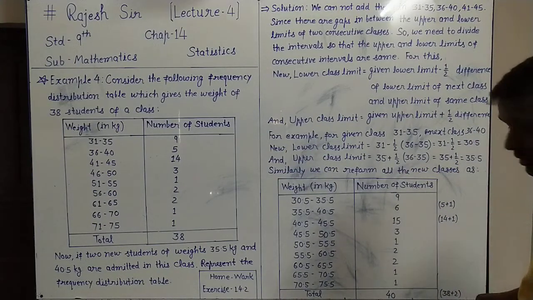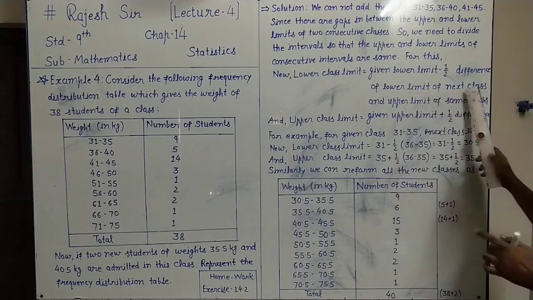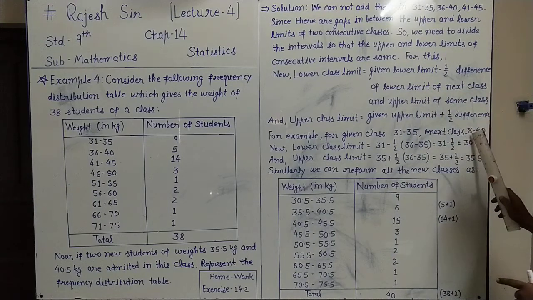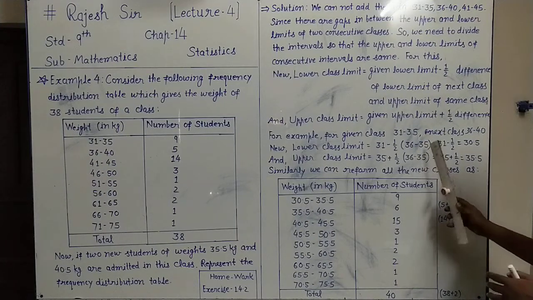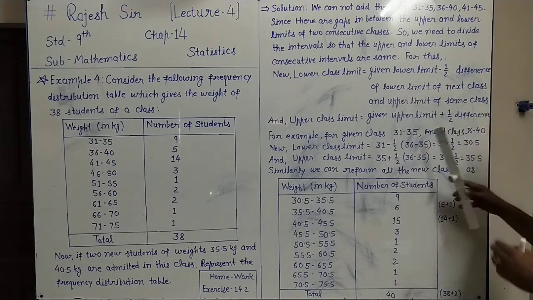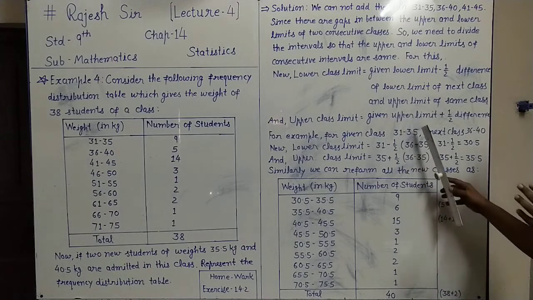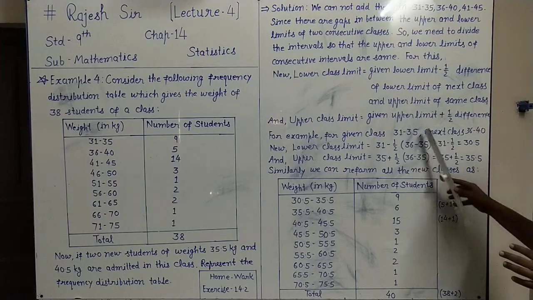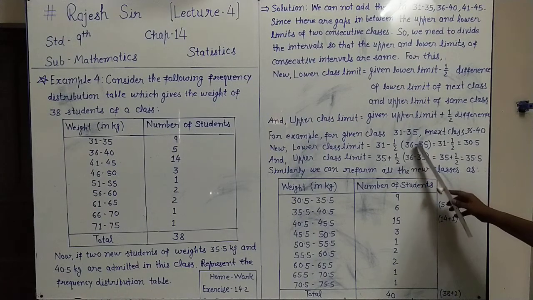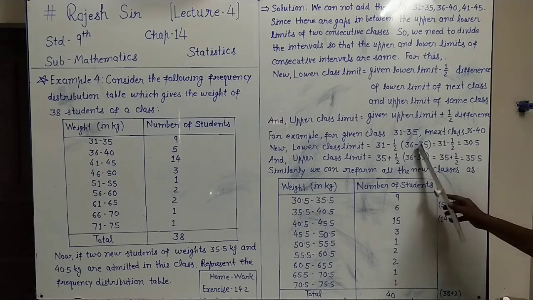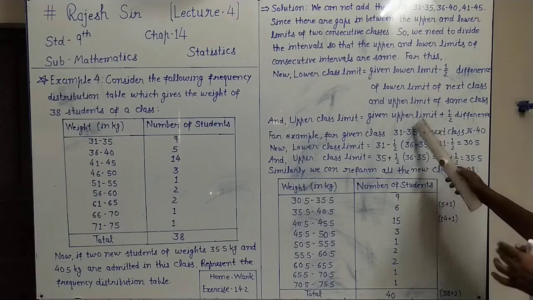So we have to take the lower limit of the next class. The lower limit of the next class is 36. That minus, means take the difference, the upper limit of the same class. This is the same class, its upper limit is 35. So this difference is the difference of the lower limit of the next class and the upper limit of the same class.